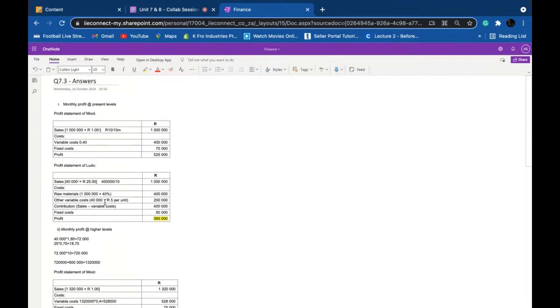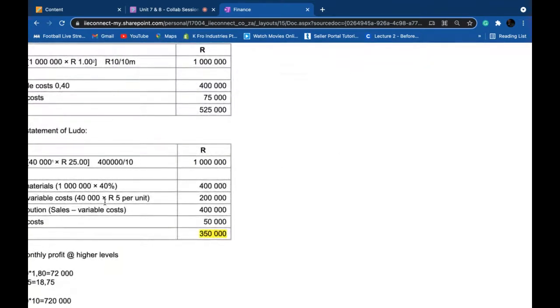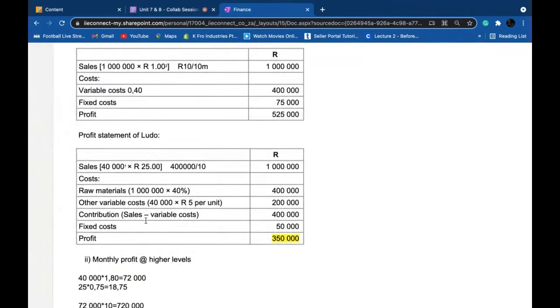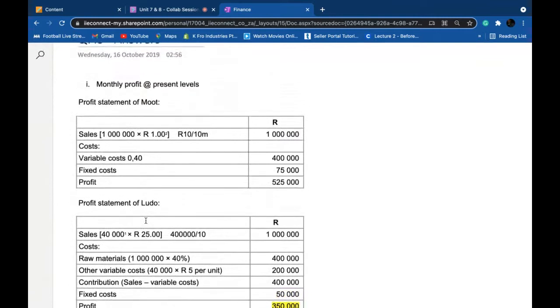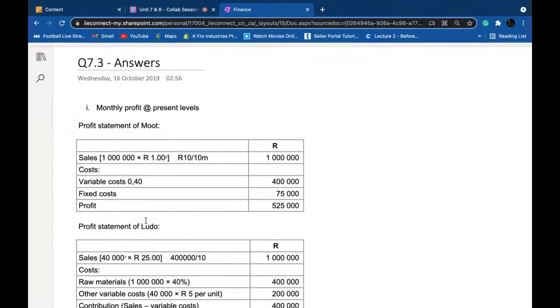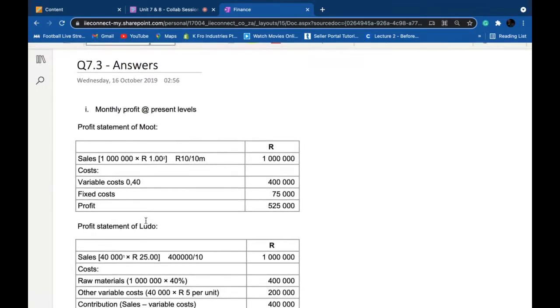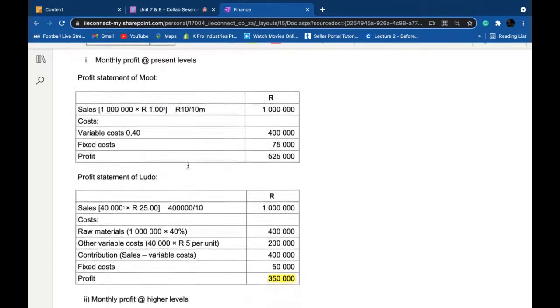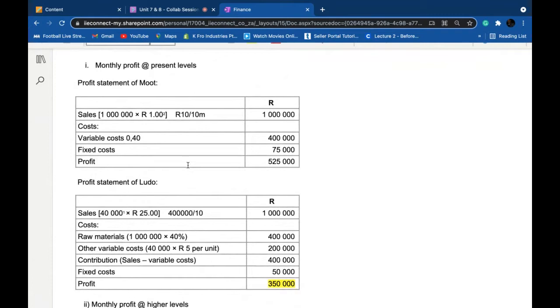So let me zoom in here. Okay, so the first part of what we're trying to do, trying to ensure that you can see clearly, is calculate the optimal sales units of Due and Anno in order to maximize group profits.